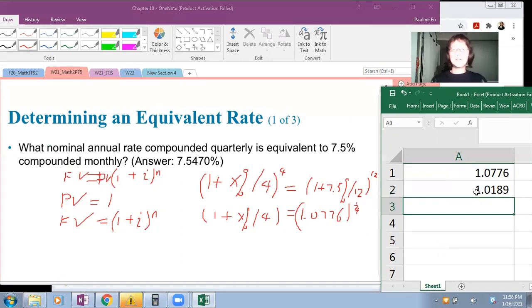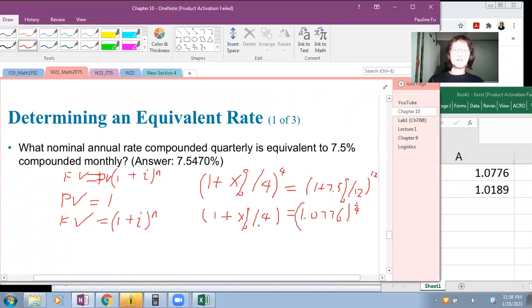Okay. I get this number. And this number minus 1, you get x% divided by 4 equal to this number minus 1. So it becomes 0.0189. So finally, x equal to this number multiplied by 4. So x% equal to this number multiplied by 4.